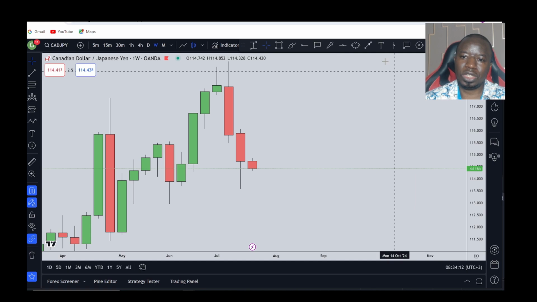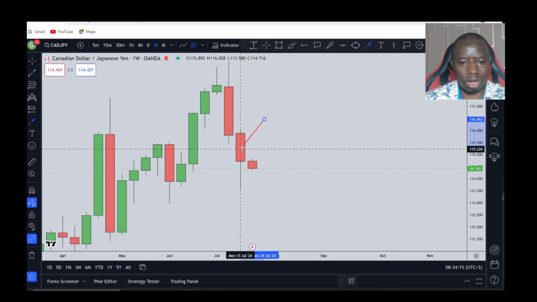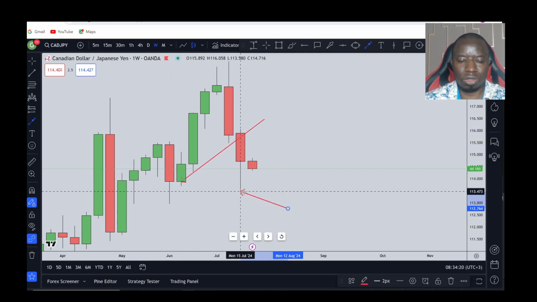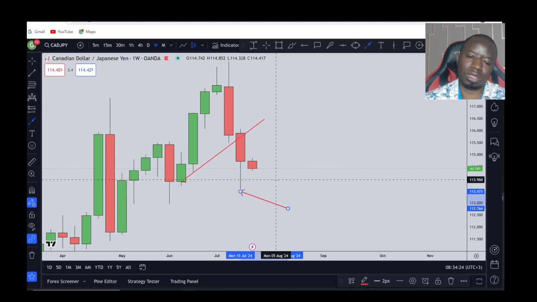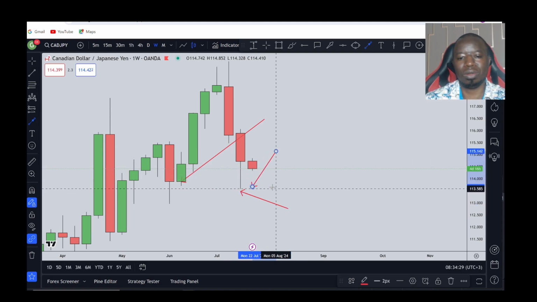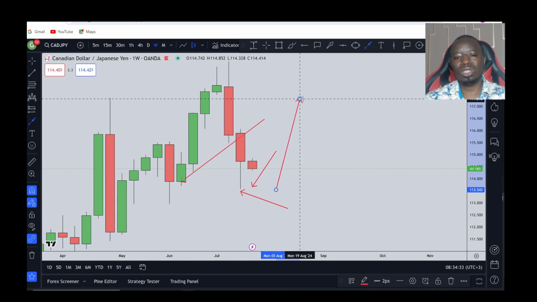The other thing not to miss as well is that price, when it closed bearish with this candle here, testing these lows here, it left behind this long wick to the downside, which is a wick that is likely to act as a magnet for price to come and fill it before we can probably see price move back to the upside, since from the general perspective, from the higher time frame perspective, which is from the monthly time frame, it is bullish.